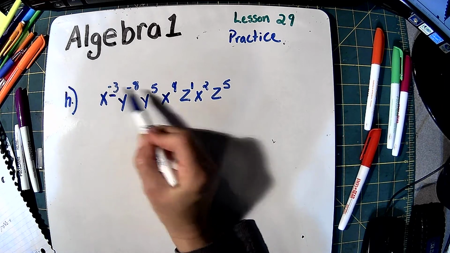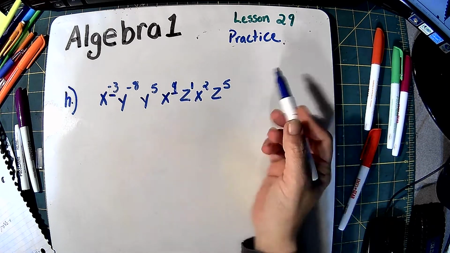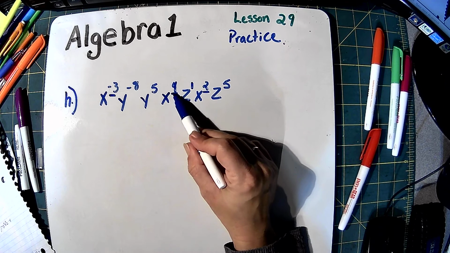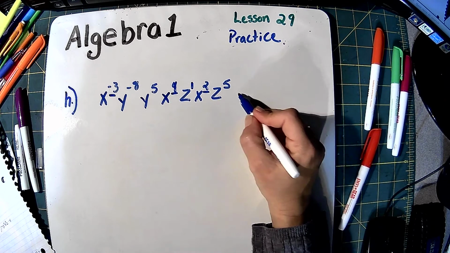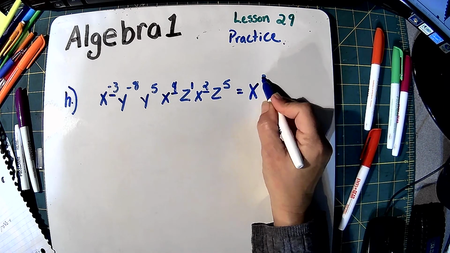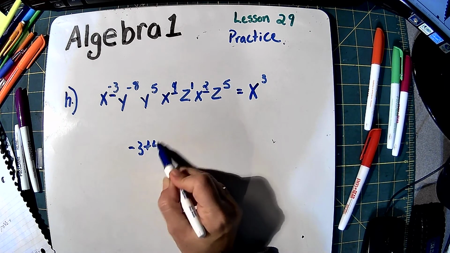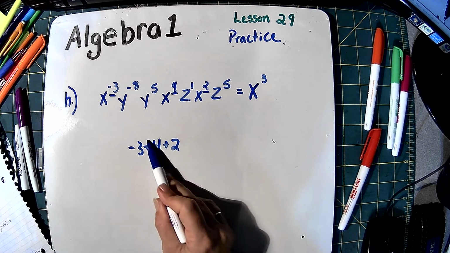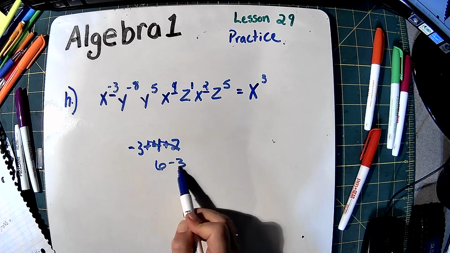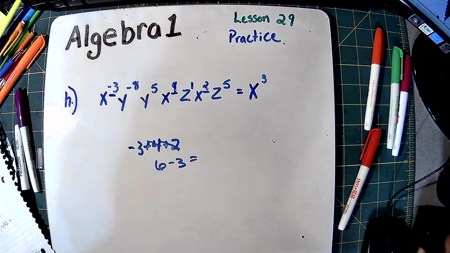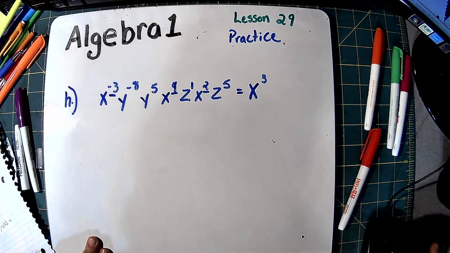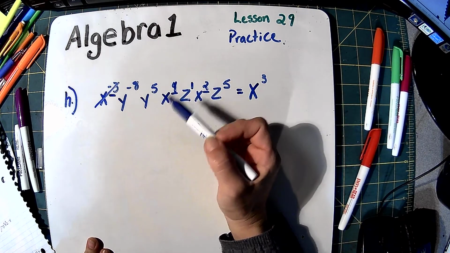I've got negative 3, I've got 4, and I've got 2. 4 and 2 would be 6, minus 3 would be 3. So x to the 3rd, because I had negative 3, positive 4, positive 2. So that's it for my x's. I could go ahead and cross those out.